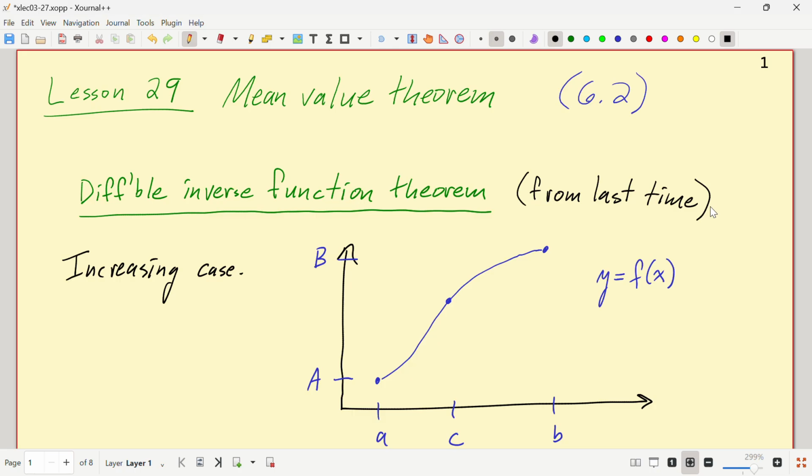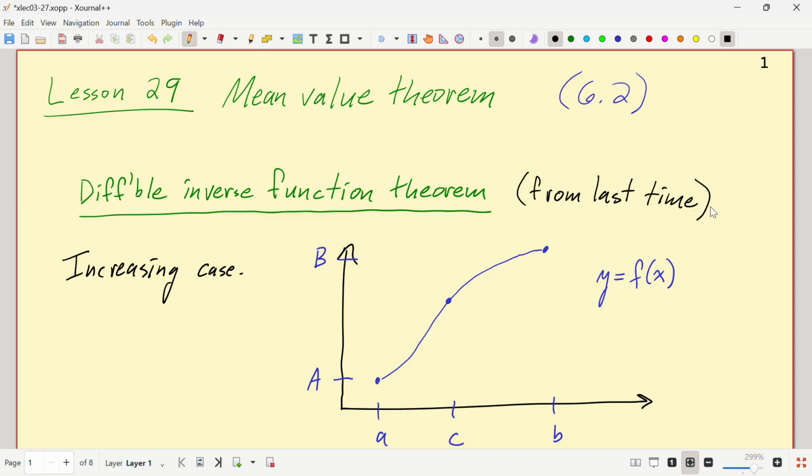But the continuous version was, I had a monotone increasing function that was continuous. Then the theorem said that the inverse was also monotone increasing and also continuous. So that was the continuous version.